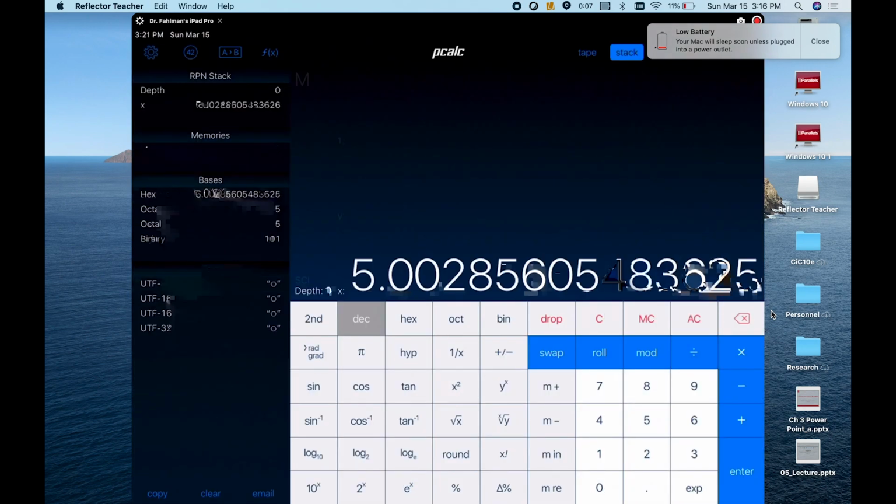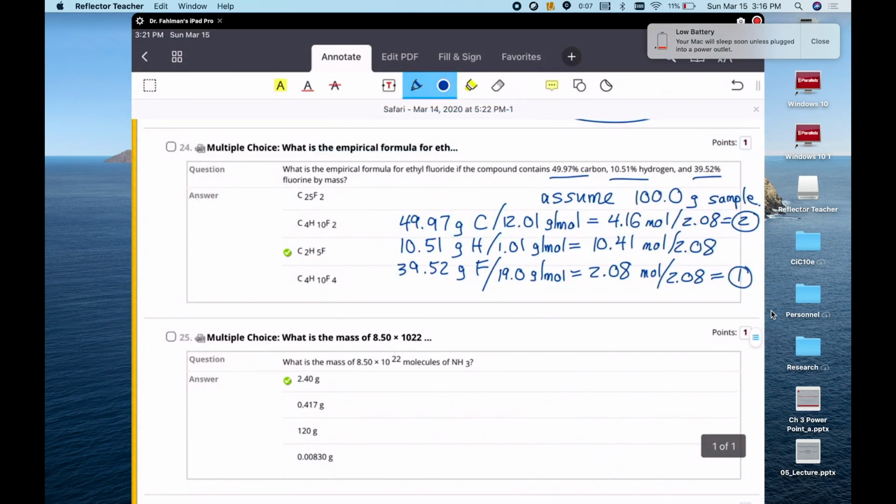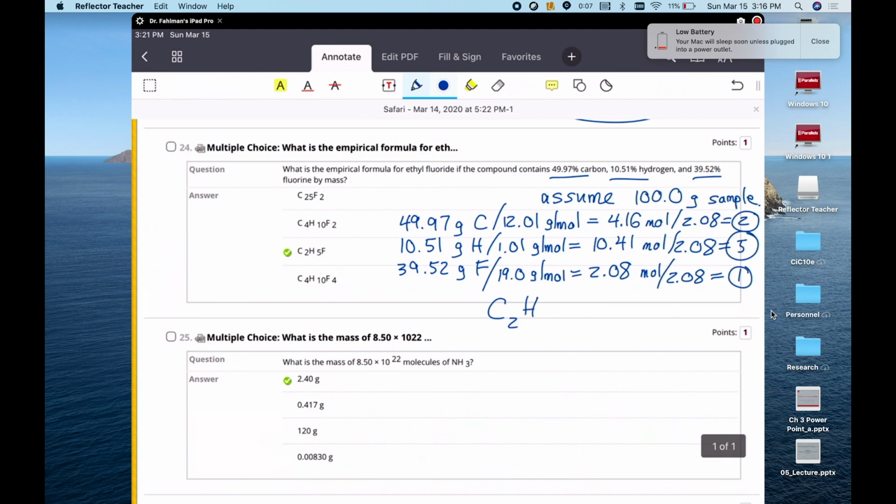And then 10.41 divided by 2.08, that's, yeah, I guess exactly 5 as well. So our ratio here is C2H5F1, or you just leave the 1 off.